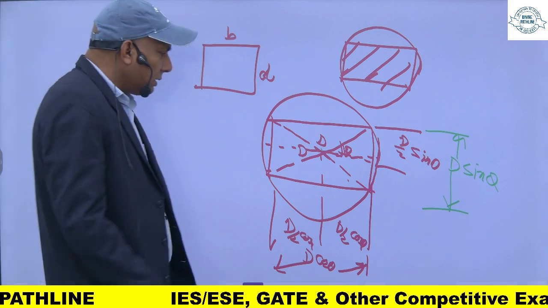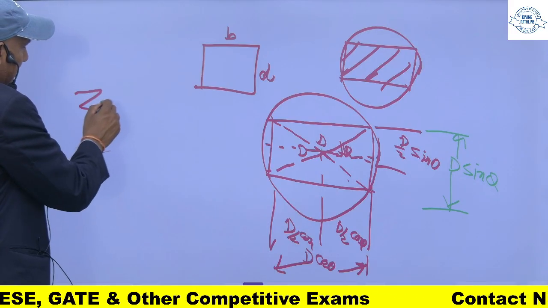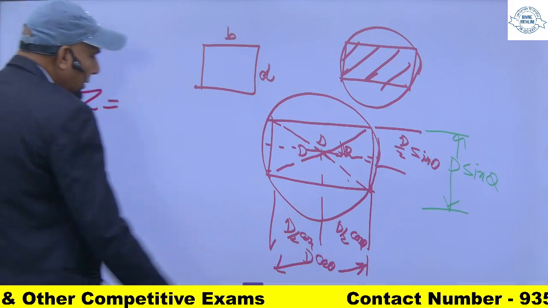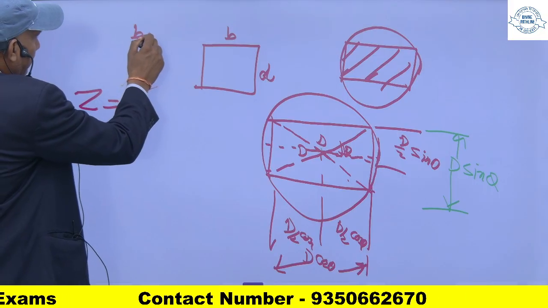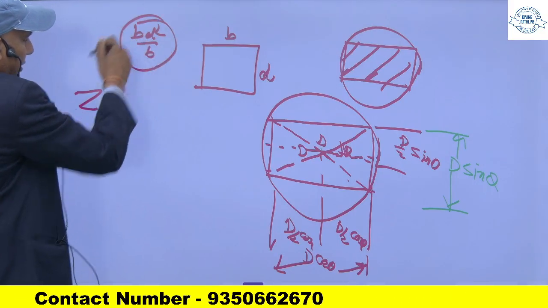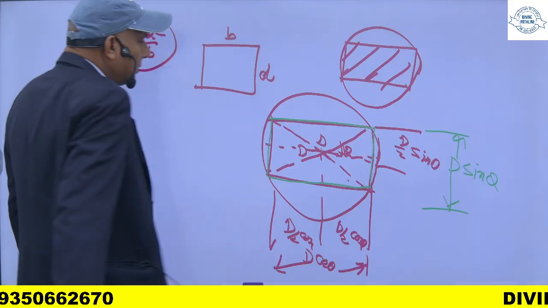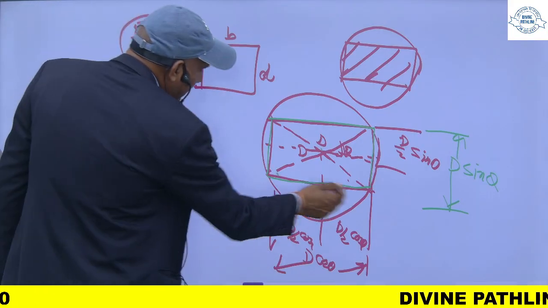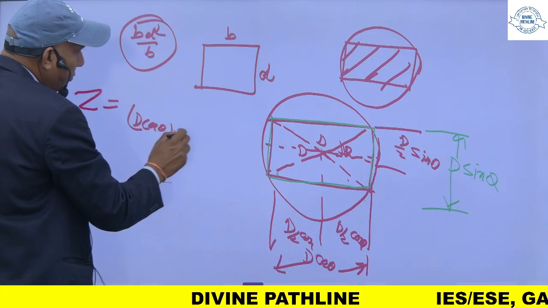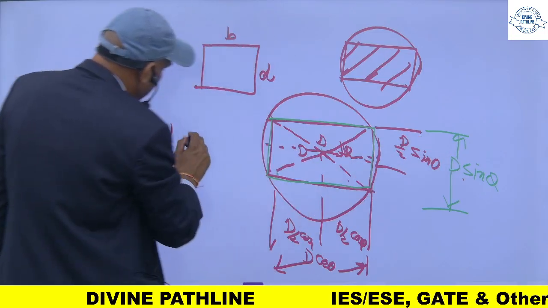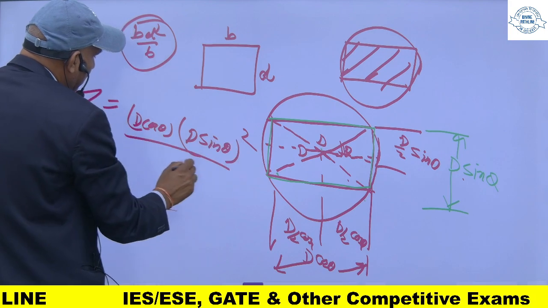So the section modulus of this beam will be how much? Z is equal to BD square by 6. This is the formula for section modulus. So the section modulus of this cut piece of the log will be, B in this case is D cos theta, and D is D sin theta, squared, upon 6.